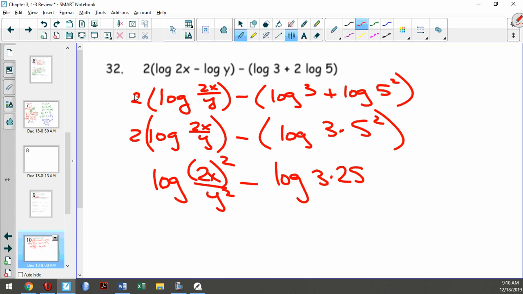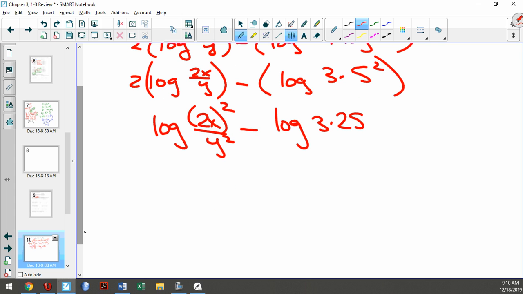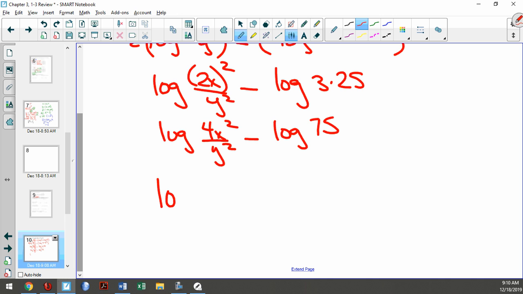Okay, well, what is 2x squared? 4x squared. And this is going to be the log of 75. Now, how are those attached? Subtraction. And what is that in log world? Division. Okay, now watch. Log of 4x squared over y squared divided by 75.